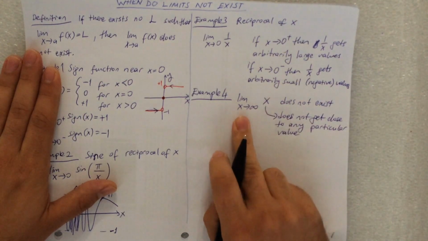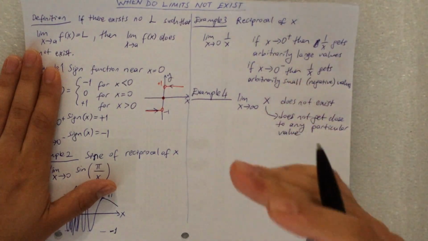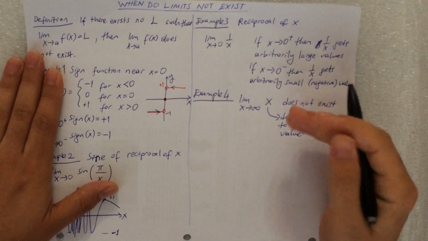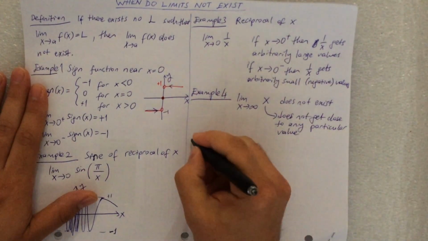Every time you get a larger value, you go beyond any values. So this limit does not exist.